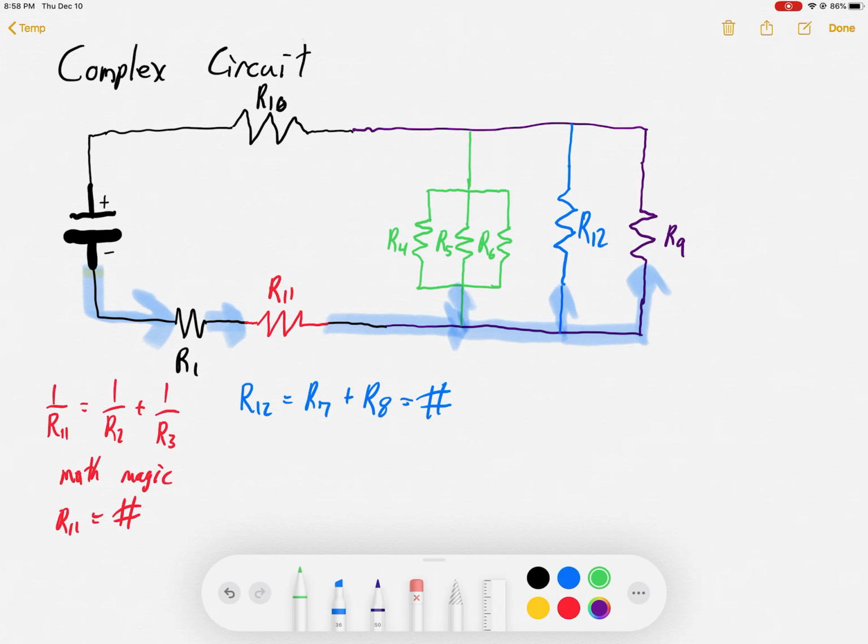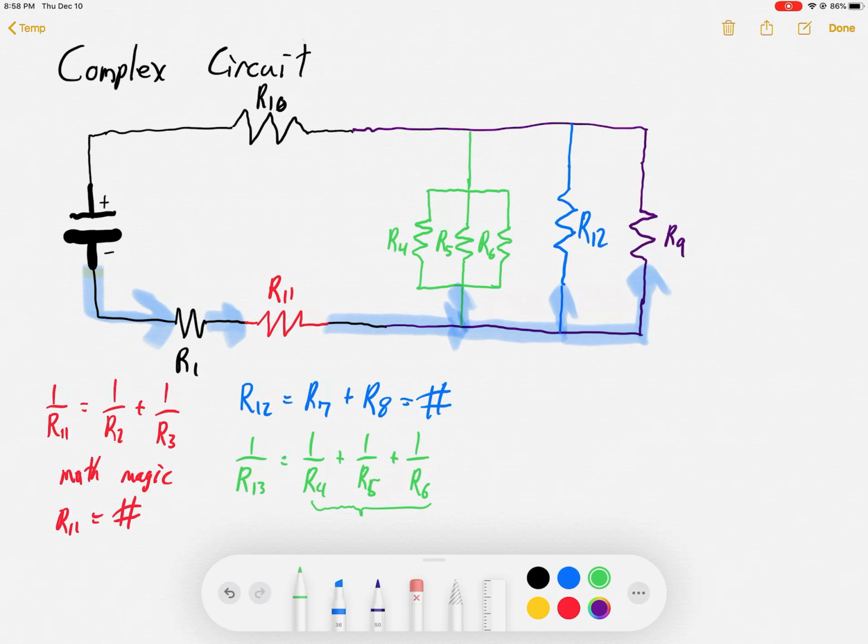The leftmost or innermost is another parallel. It's 1 over whatever the value for the fourth resistor is, plus 1 over the value of the fifth resistor, plus 1 over the value of the sixth resistor.